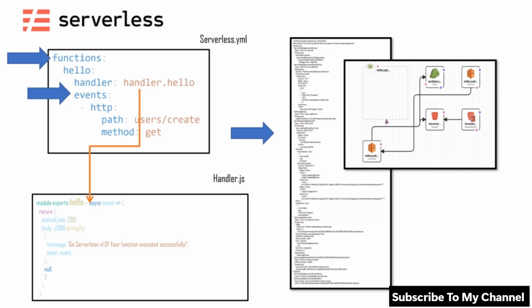So what this does is, once you deploy this particular serverless application, it will create a Lambda called hello, and that particular Lambda will contain the code that you see at the bottom. And it will also create an API gateway that will be connected to that particular Lambda. So in the background, you can see that a lot of heavy lifting is done by the serverless framework itself.